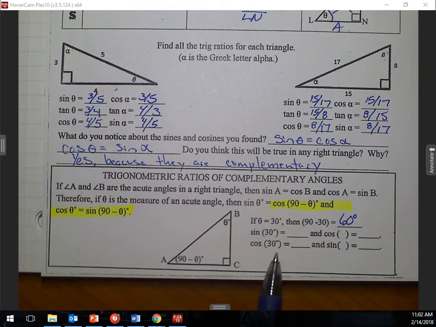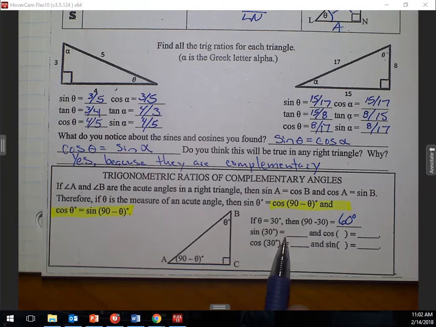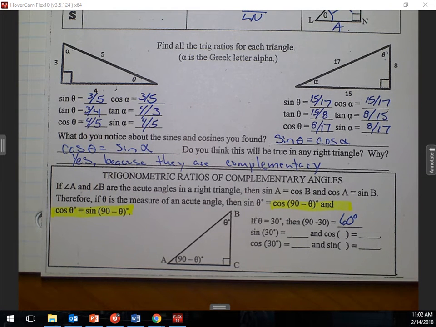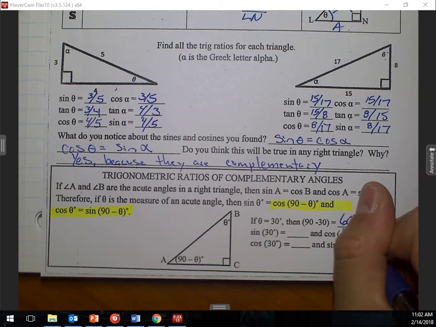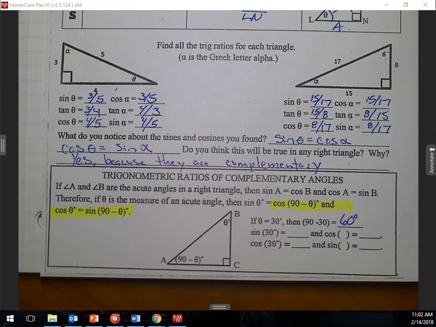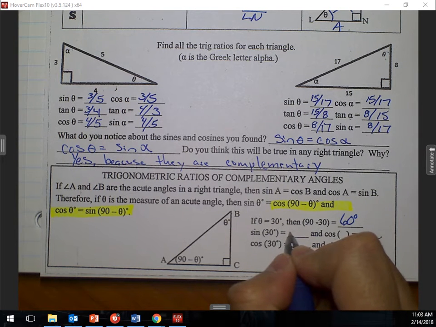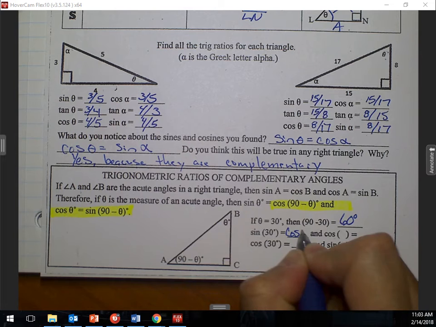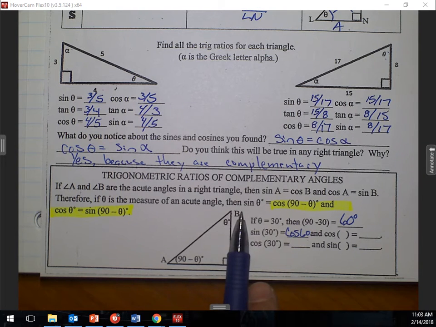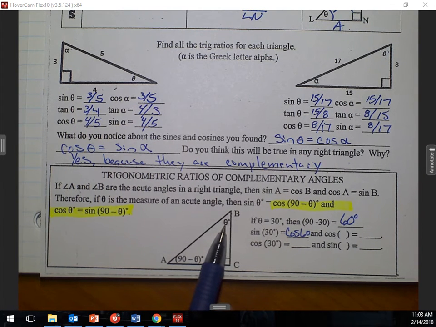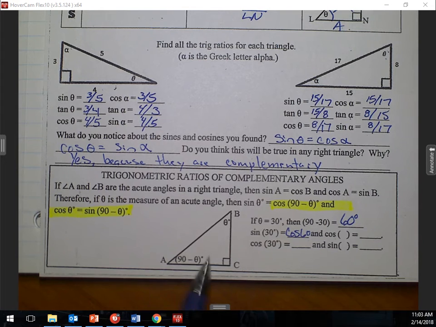So let's see if you can figure this one out. Sine of 30 is equal to cosine of what? Cosine 60. Because these two angles together have to add up to 90. So if theta is 30, 90 minus 30 would give me my 60 here.